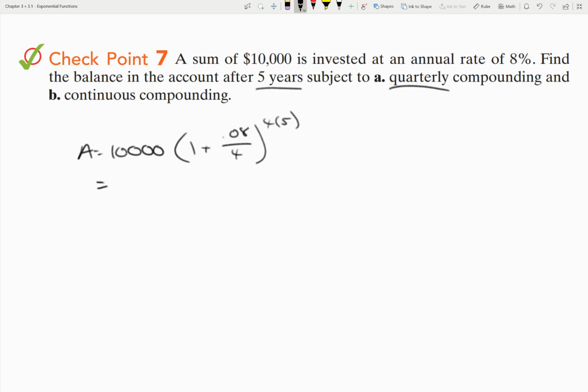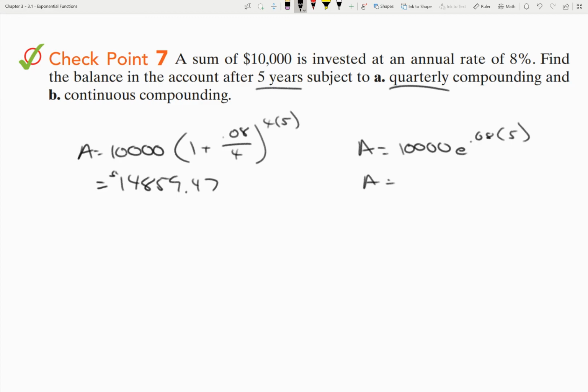So this one we get $14,859.47. For the continuous compounding, that's 10,000 e, same rate, 0.08, 5 years. We don't need anything else there.